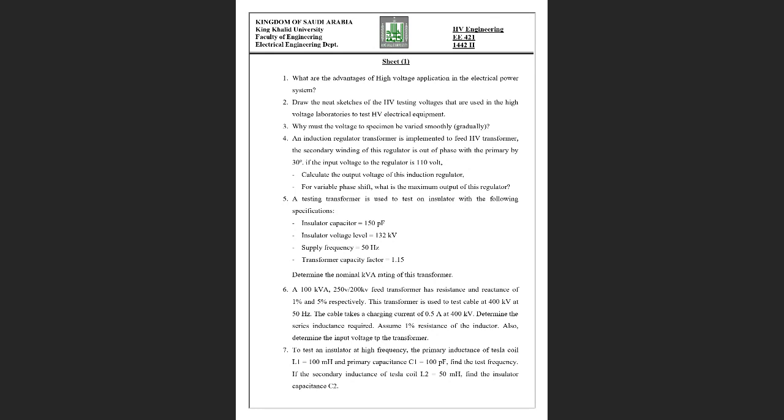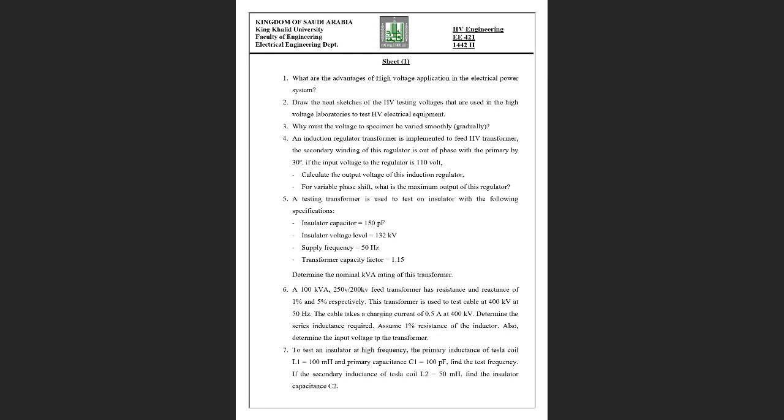As you know, we have high voltage AC and high voltage DC, and high voltage AC will be at power frequency and high frequency, and impulse voltages of short duration and impulse voltages of long duration. This type of testing voltages are used in high voltage laboratories. And for better explanation, you can go through your theory lectures.